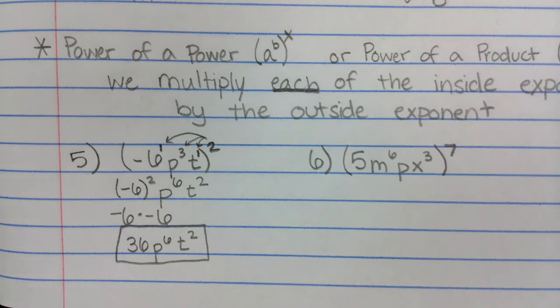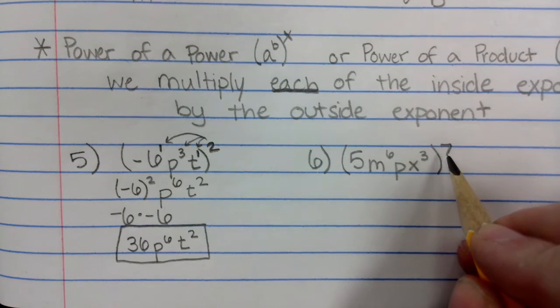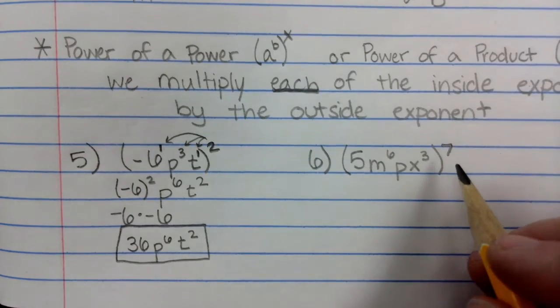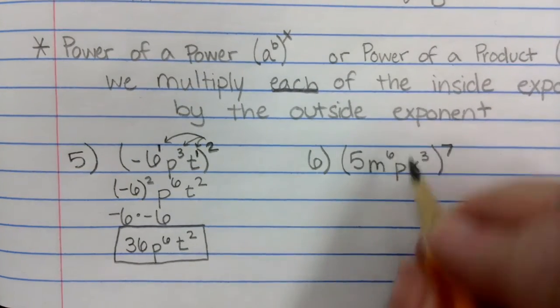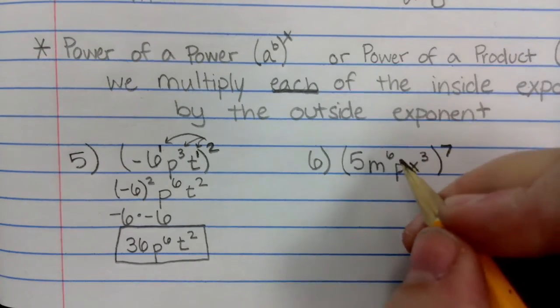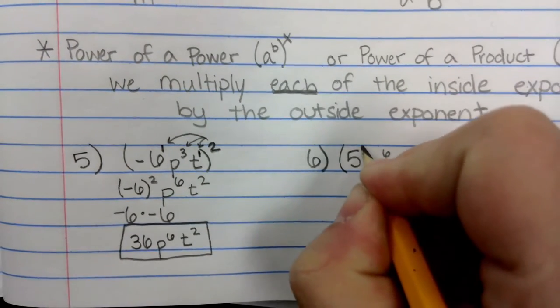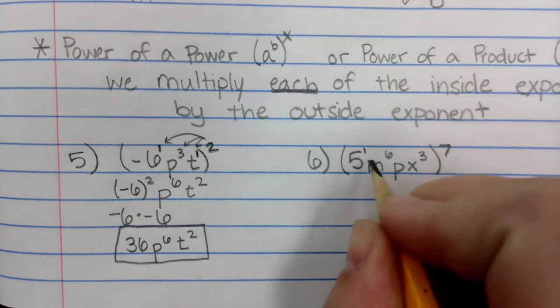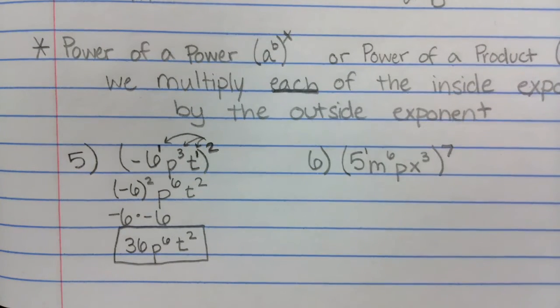And our rules say that we can take the 7 and do what with it? Multiply it by what? The inside. If I don't see an exponent on the inside, what is that exponent? 1. So I'm going to put a 1 with the 5. Is there anything else that doesn't have an exponent?